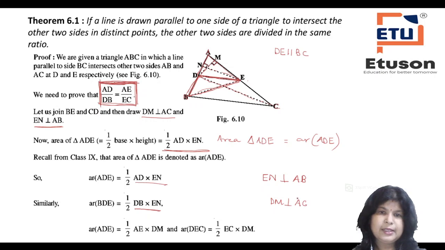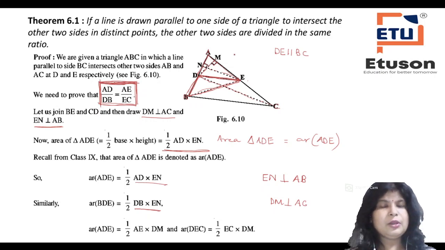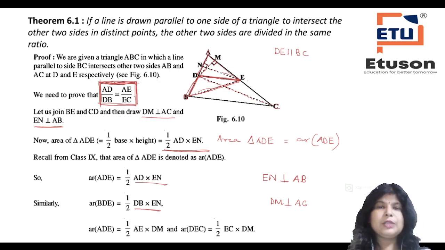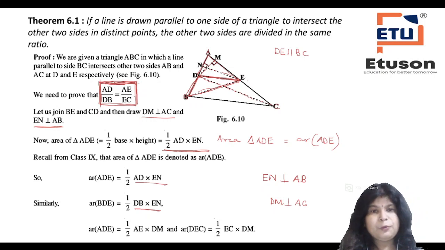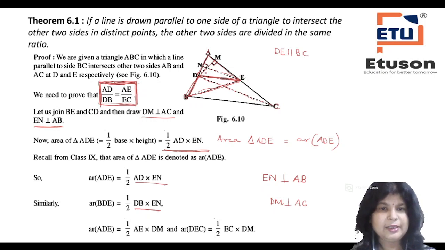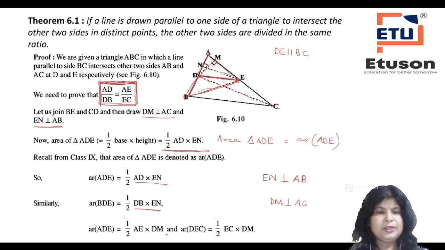Considering that, you can find out another area of triangle ADE, correct or not? And what will be that? If we consider base here as AE, corresponding altitude is DM. So half into AE into DM. So area of ADE is equal to half into AE into DM.